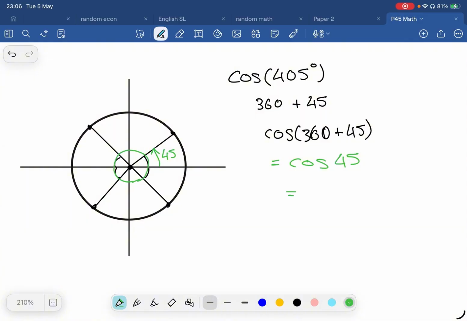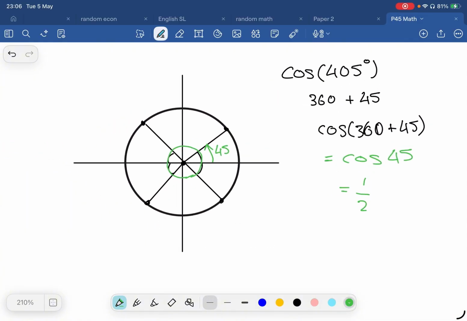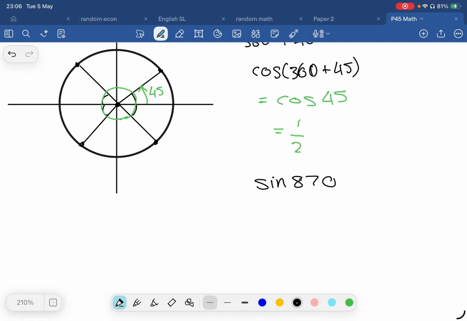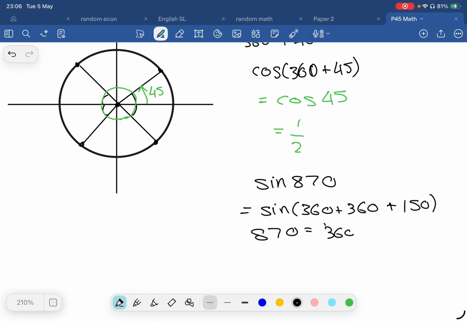Cos of 45 just equals root 2 over 2. Okay, I'm gonna do one more example. If I wanted sine of 870, well, we did this earlier. It would just equal sine of 360 plus 360 plus 150, because 870 equals 360 times 2 plus 150.